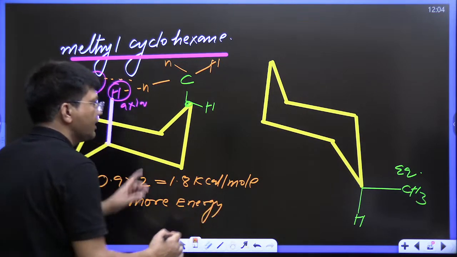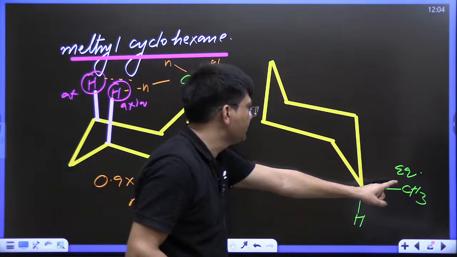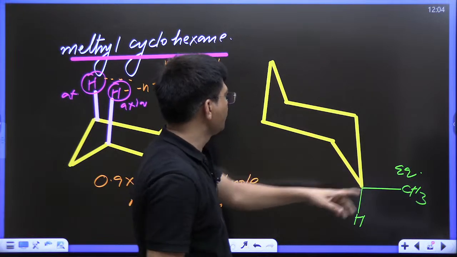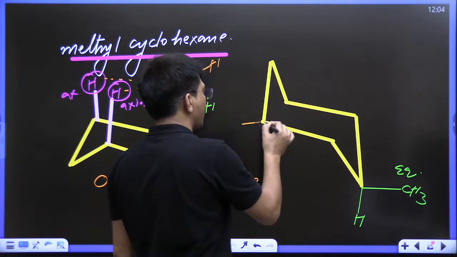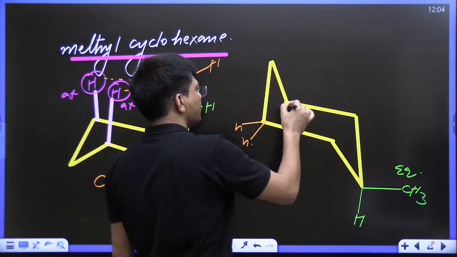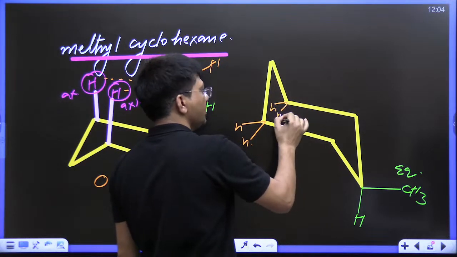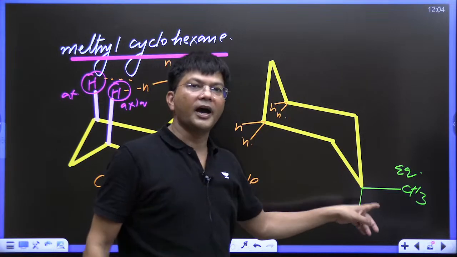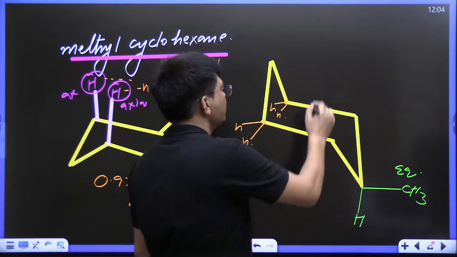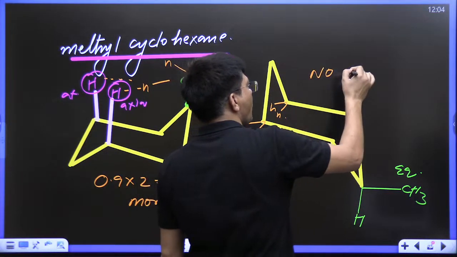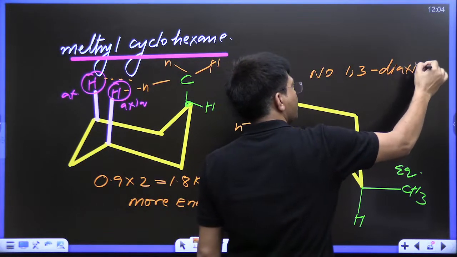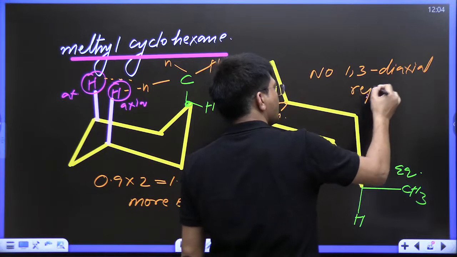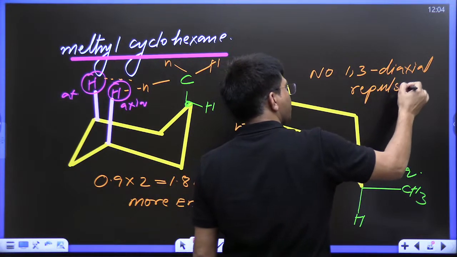Now once it has changed, this has become equatorial. Now this equatorial methyl has gone away from the hydrogens present over here, so there is no 1,3 diaxial repulsion.